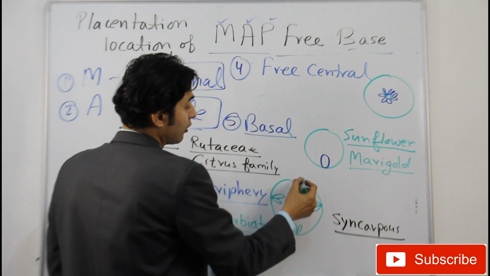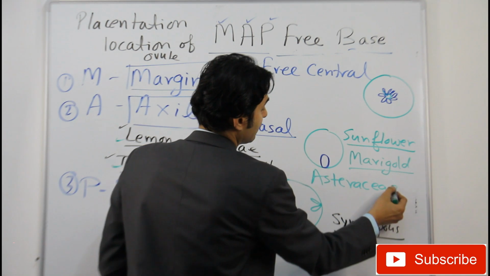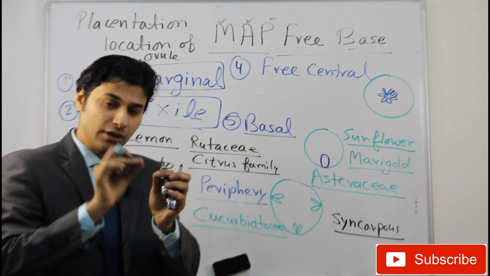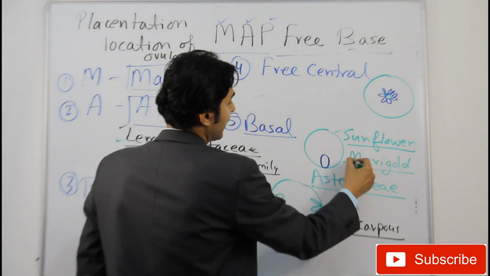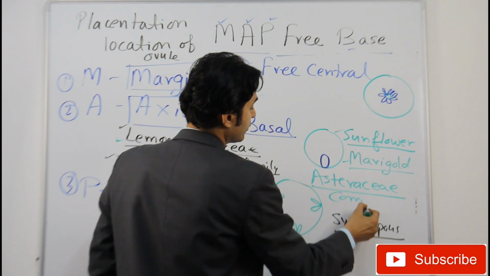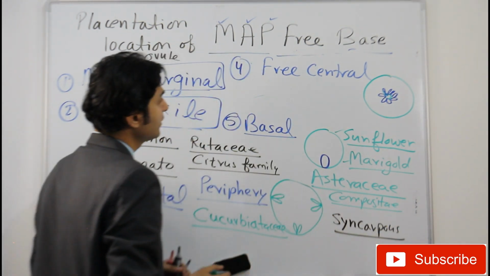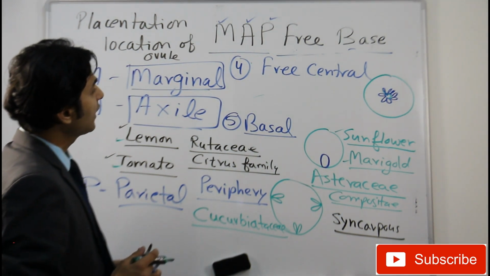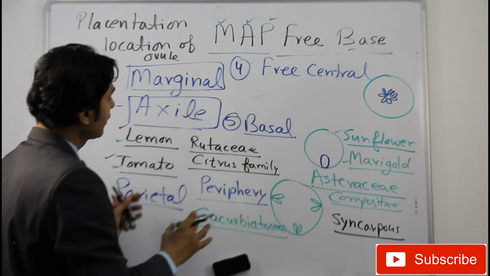All the members of the Asteraceae family, which have ray florets and disc florets. So this is sunflower, marigold, Asteraceae or Compositae. This is how you can remember all the types of the presentation.